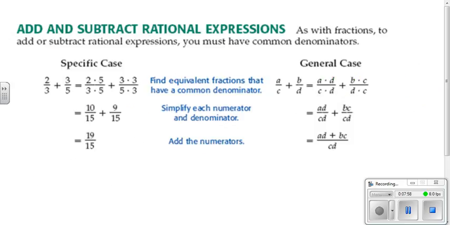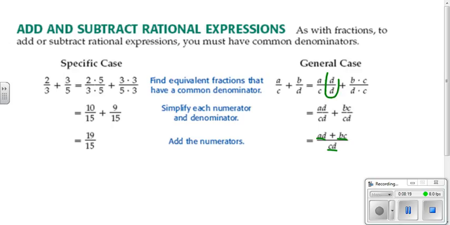So this is kind of what we're getting at overall. In general, whenever we have a over c plus b over d, what we're trying to get to is AD plus BC over CD. And you can see where that came from.